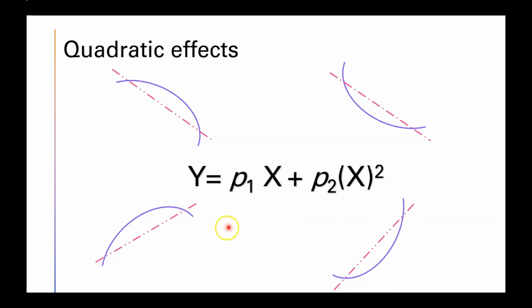In case the relationship between variable x and variable y is positive, again depending on the sign of P1 and P2, you can expect a curve like this one or like this one. You can simply model quadratic effects in SmartPLS, and it's quite straightforward, and I will show you how it can be done.